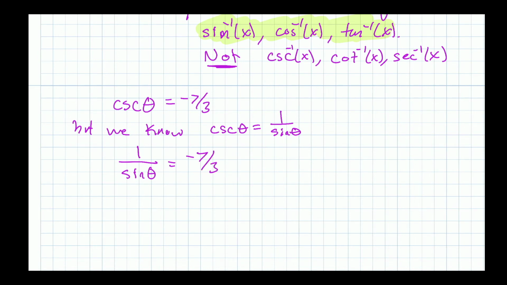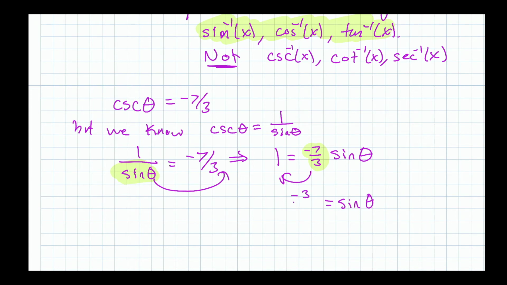So you can rearrange this a little bit. I mean, you have to use some algebra. If you bring the sine up to the other side, then you have -7/3 sine theta, and then you bring this over to the other side, you have sine theta is -3/7, right?